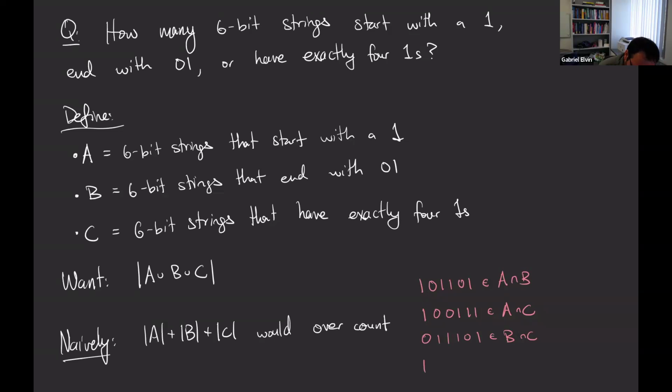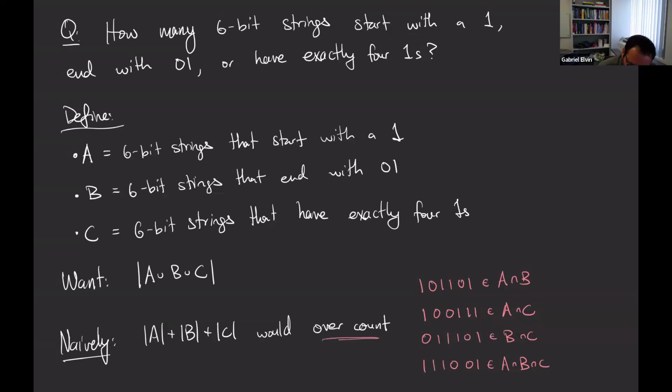So it has to start with a 1, and it has to end with a 0, 1, and it has to have 4 ones. So that one would be in the intersection of all 3. This would get triple counted if we just added A plus B plus C.